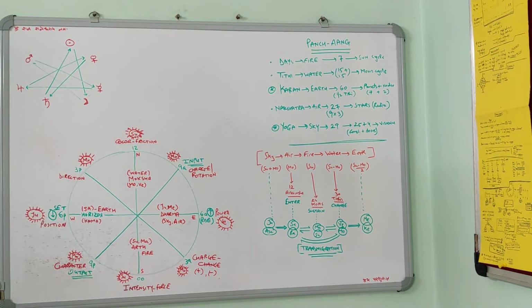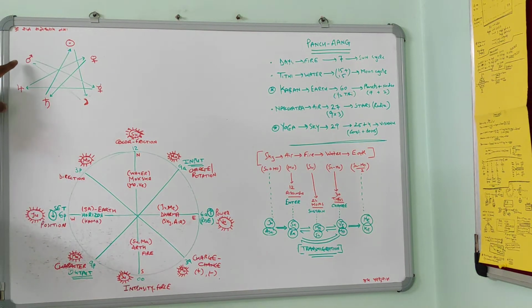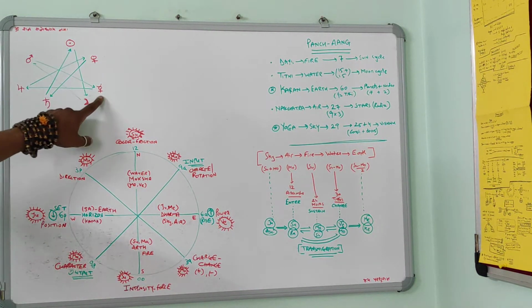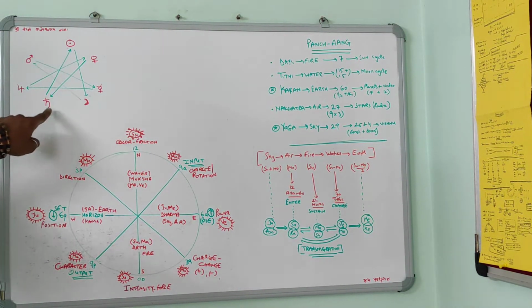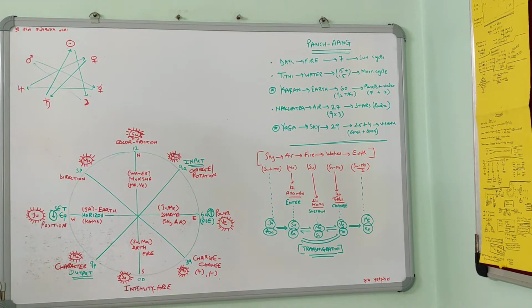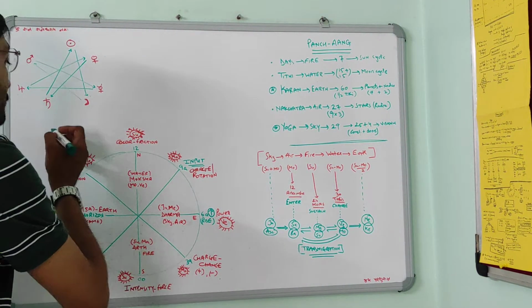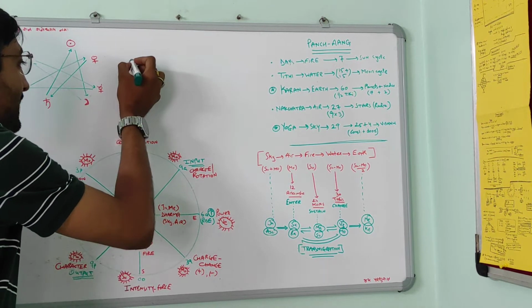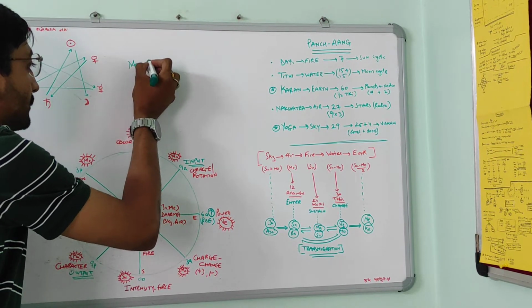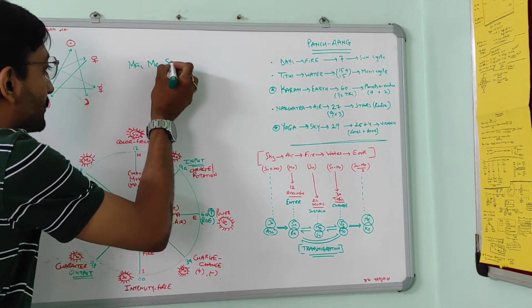So what are the planets which we don't have? Okay, see, one is Mars, another is Mercury, and third is Saturn. So the planets which are not situated over here in outside are Mars, Mercury, and Saturn.